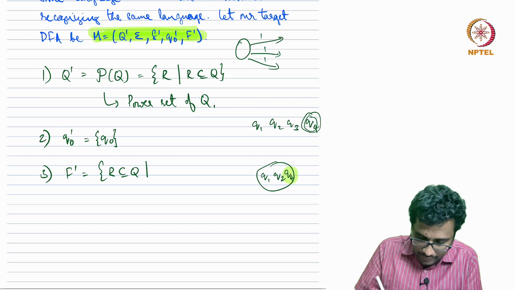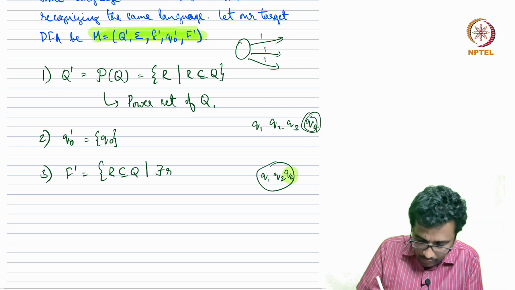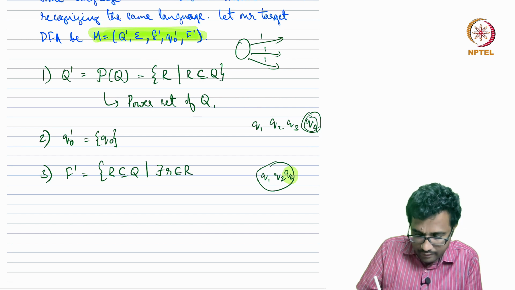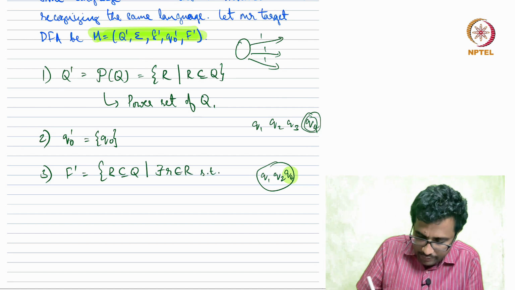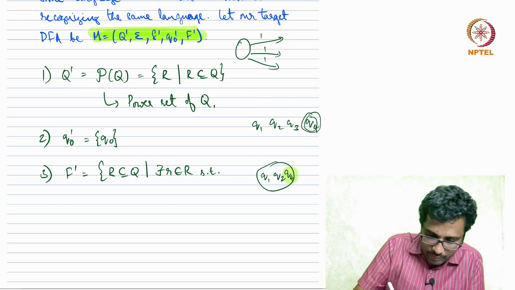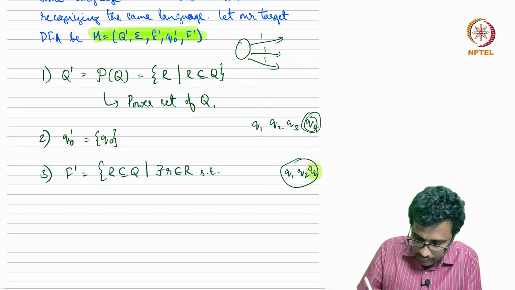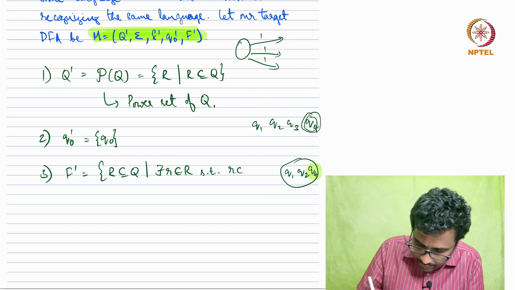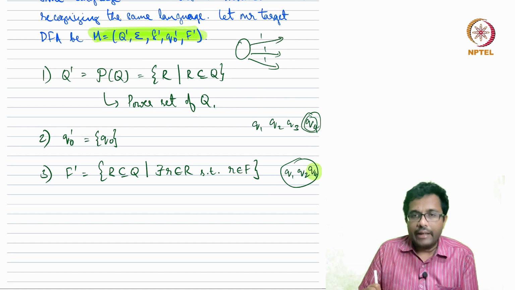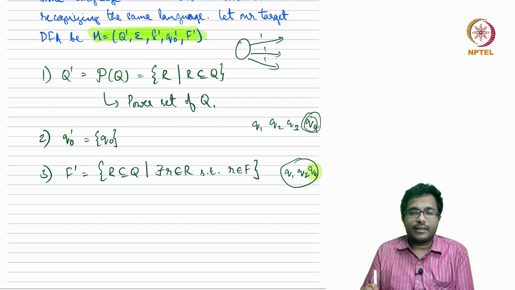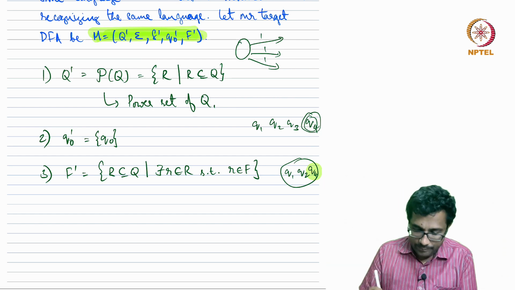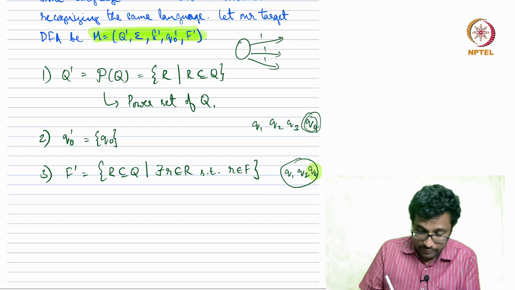So the way to say it is, there exists a small r which is in R such that r is in F, where F is the set of accepting states of the NFA.